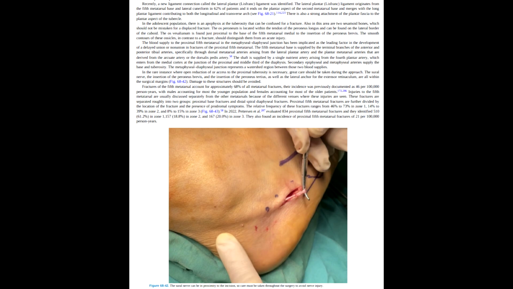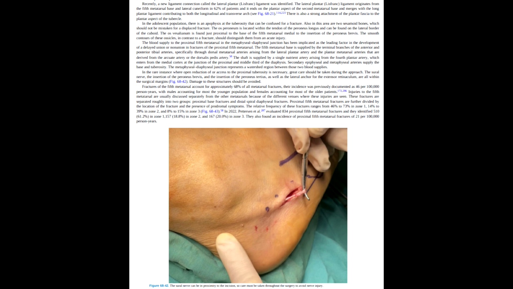Epidemiology. Fifth metatarsal fractures are extremely common, representing 69% of all metatarsal fractures. Historically, incidence was around 46 per 100,000 person years, with more recent studies showing 39% incidence in Zone 1 fractures, 8 to 15% incidence in Zone 2, true Jones fractures, and 20% incidence in Zone 3, proximal diaphyseal fractures.